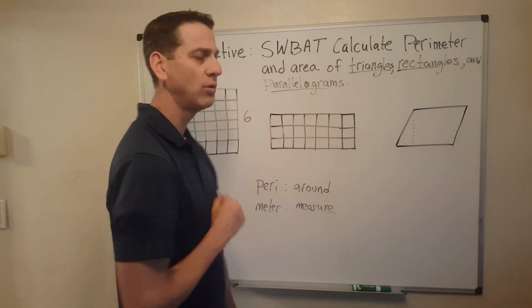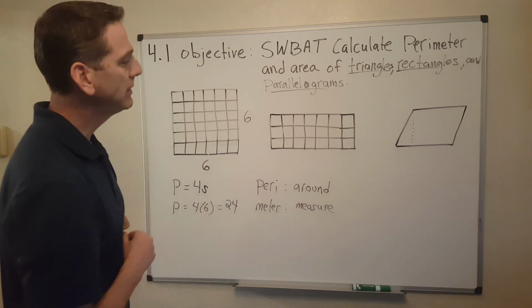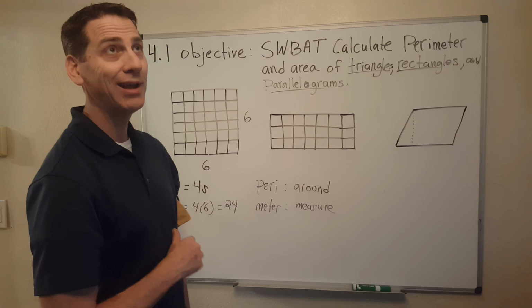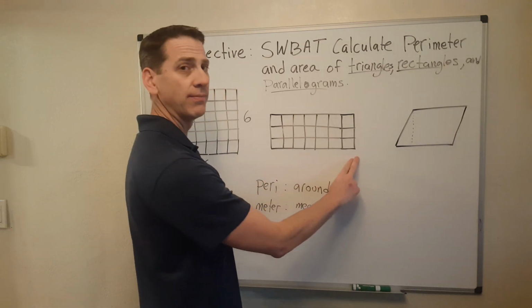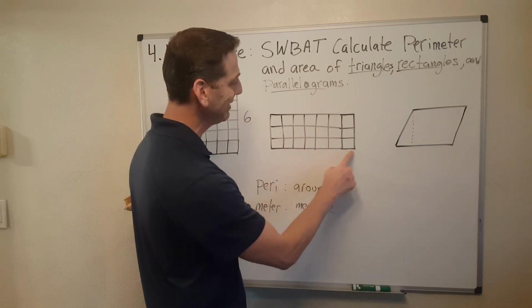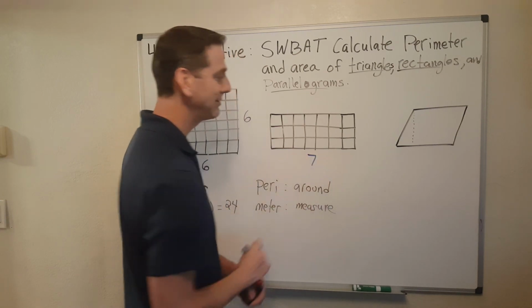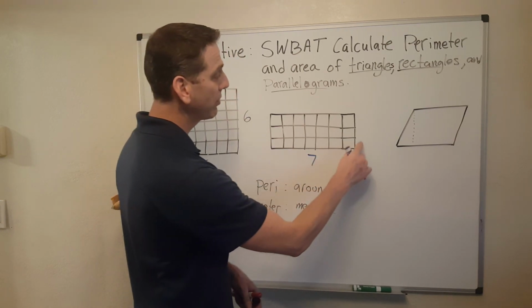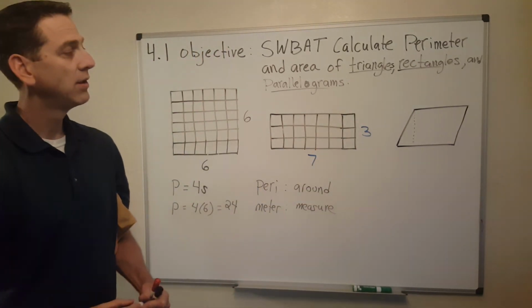Now what happens when we get to a rectangle, right? Or maybe I should say a rectangle that's not a square. Okay, well what's the length? Well, let's count. 1, 2, 3, 4, 5, 6, 7, all right? So my length here is 7. And my width, 1, 2, 3, is 3 units.